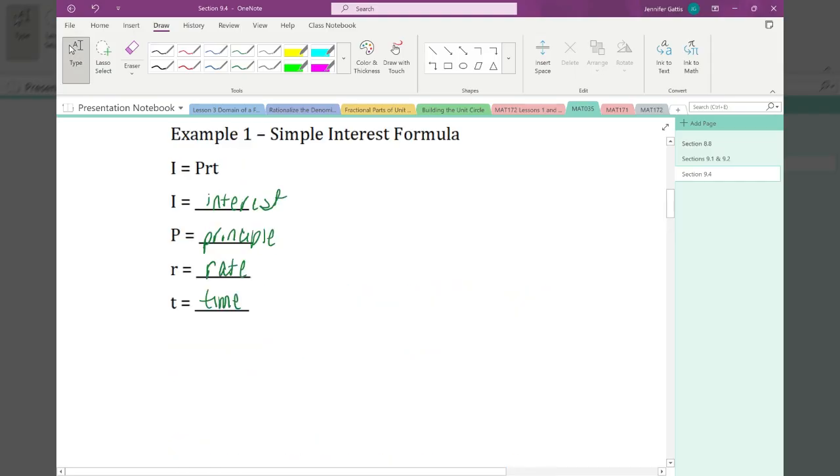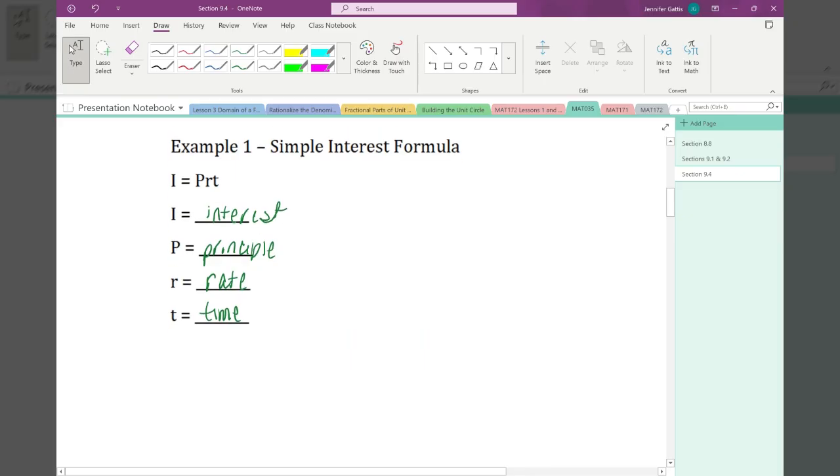So what we can also do, before we get into this example: this right here is solved for I in terms of P, R, and T. Okay?